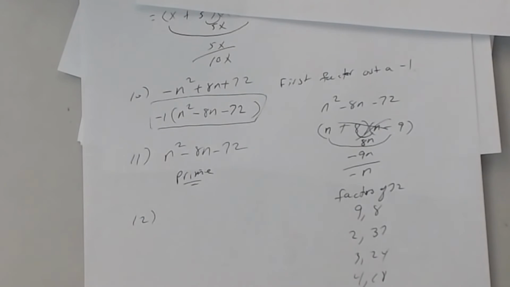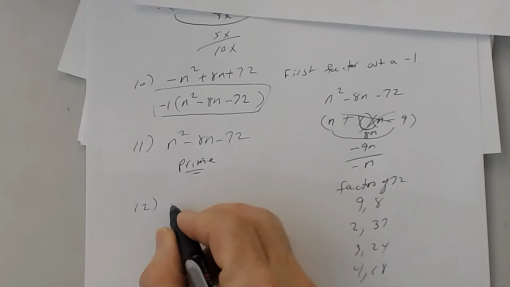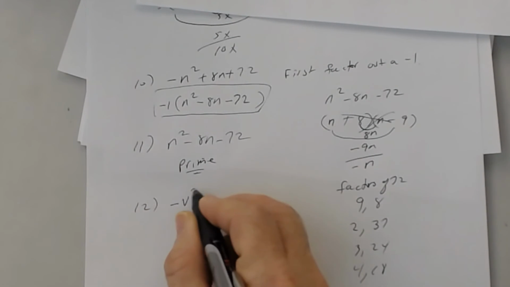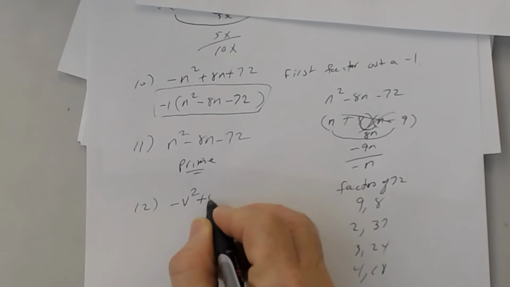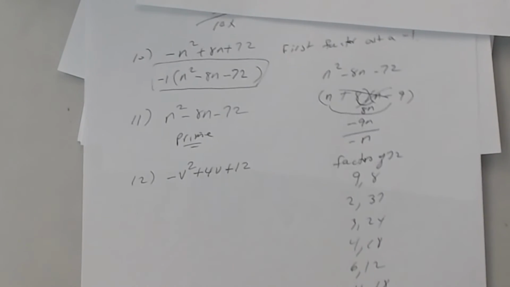Okay, I actually want to do one where it works. So let's do number 12. Let's look at number 12. Suppose in number 12 you had this. All right, let's suppose you had negative v squared plus 4v plus 12. So write this one down.